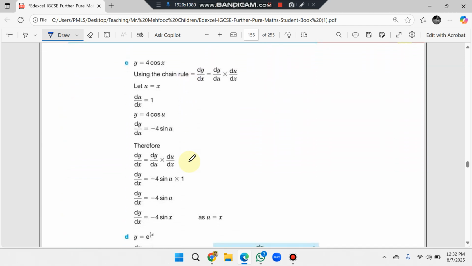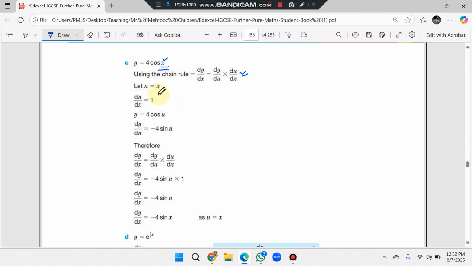Next one is 4 cos x. Again, you have chain rule dy by dx is equal to dy by du multiplied by du by dx. Here is the corrected form. So you can write u as x, because here the variable is x. So u is equal to x. What is the derivative of u with respect to x?